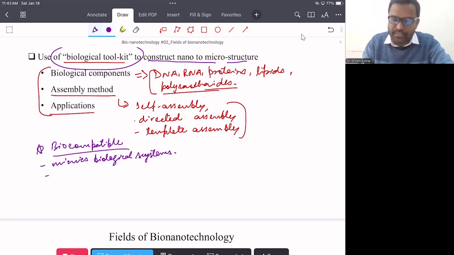That's why it is more efficient compared to the first approach, where we use nanomaterials or a nano machine to understand biological entities.